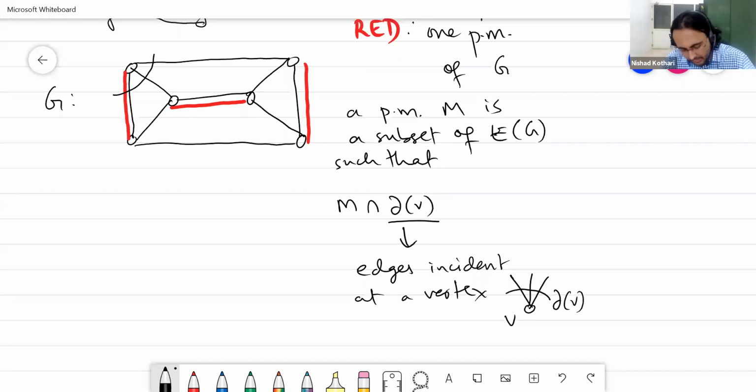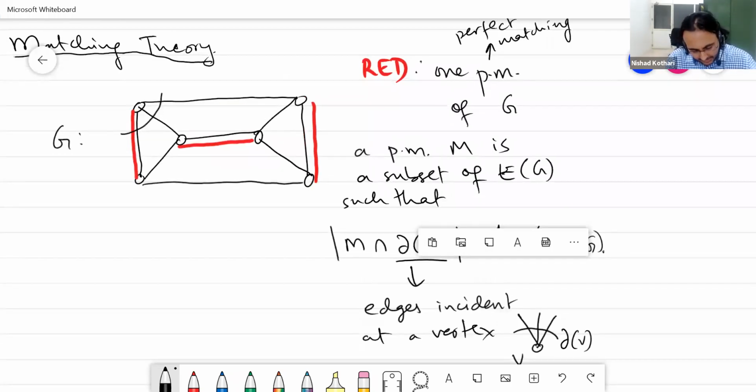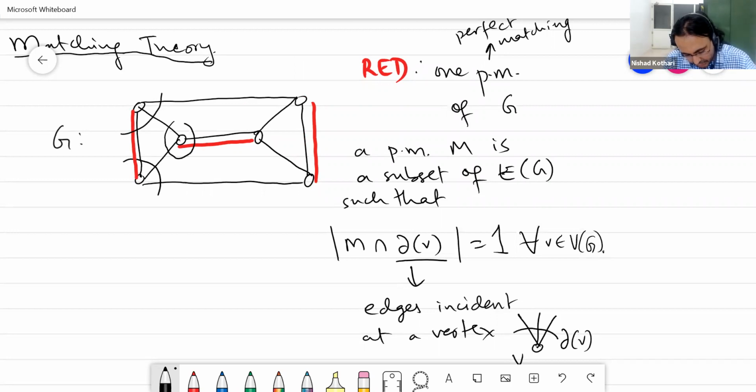And I want the size of the intersection of M with this set to be equal to 1 for each vertex of the graph. So if you look at this drawing, at every single vertex, you will see exactly one red colored edge. Is that clear?